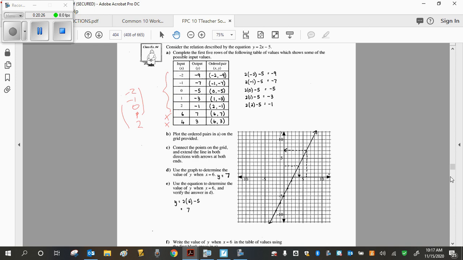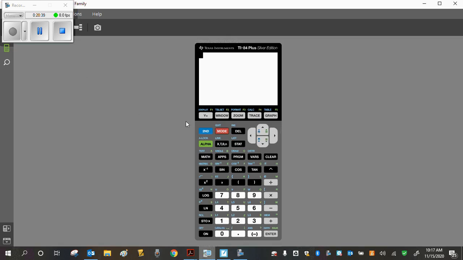And when you plot these, this is a line. Okay, so y equals 2x subtract 5 equals a line. And whenever we have y equals 2x subtract 7, there's a line. We have y equals 2x plus 3, there's a line.